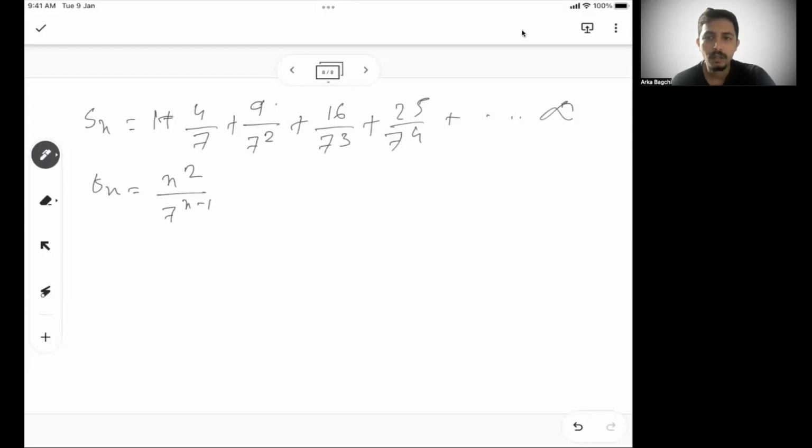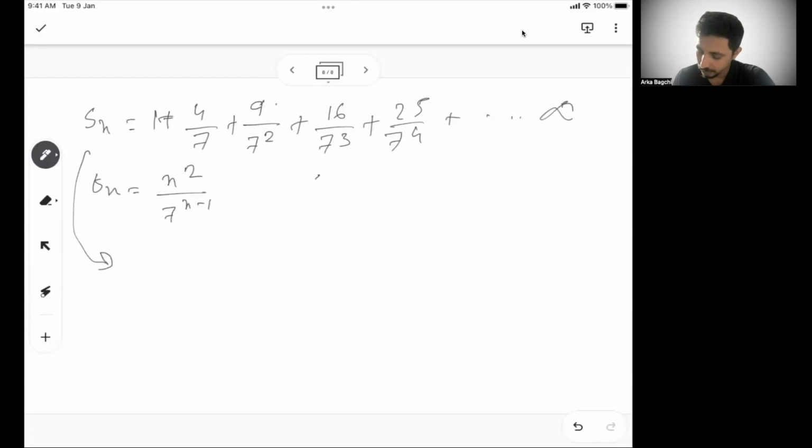Now, listen, this has to go till infinite terms. So with the Tn formula, you may not be able to justify it completely because it's a sum of infinite terms. Okay, so the sum of infinite terms, only one formula came into the picture. At the back of your mind, you should know this is going to be some form of GP, because GP has the only formula for calculating infinite terms.